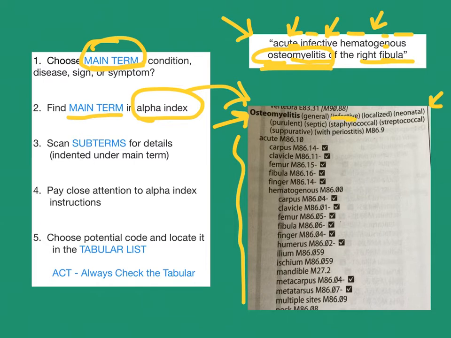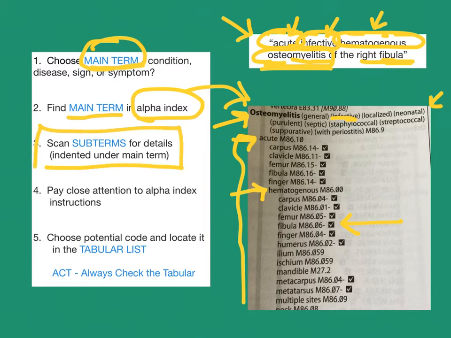Okay, that was included up here. We've got that checked off of our list. Acute. Hematogenous is a subterm under acute. And we have fibula. So we've pulled in just about every describing term within these subterms, so that's great.